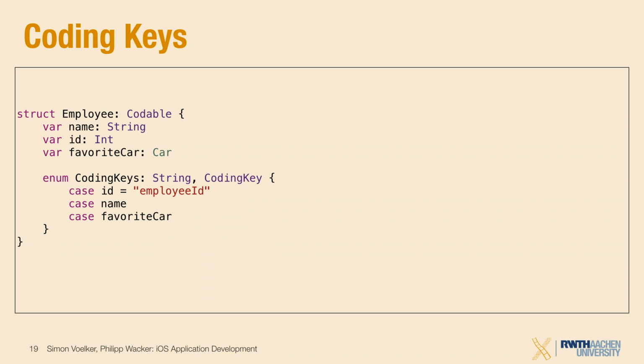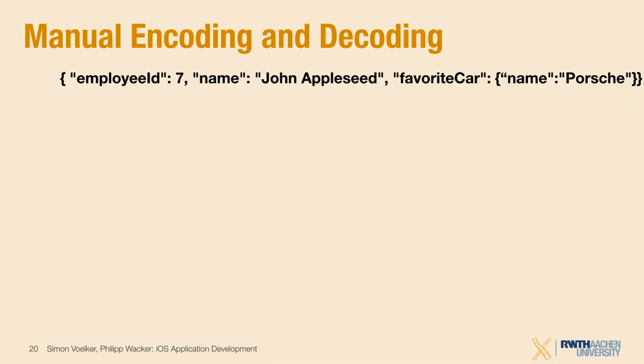However, particularly this structure creates a somewhat weird JSON file, and it will create something like this. It will have employer ID 7, name is John Appleseed, and then since the structure contains another structure, it creates another subpart in your file, and then you have your favorite car with the properties of this one.